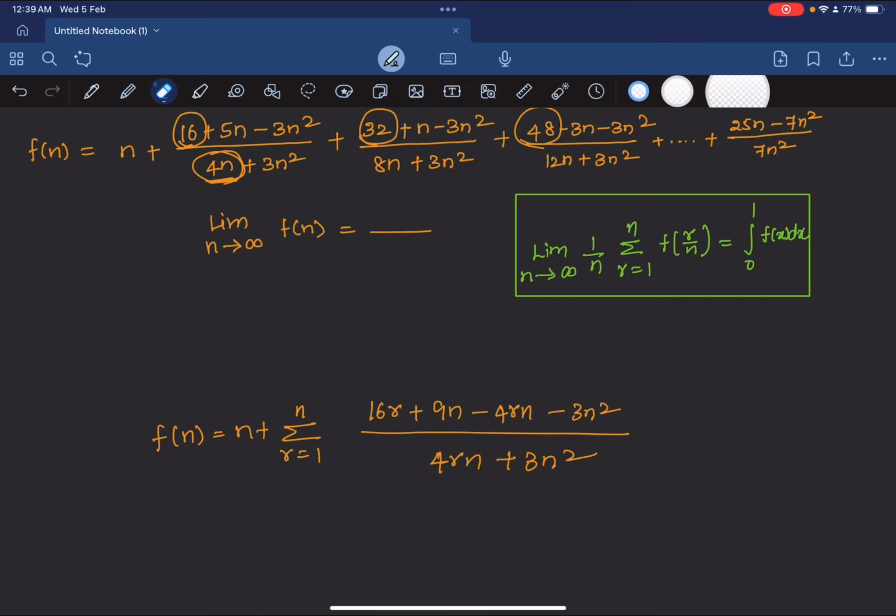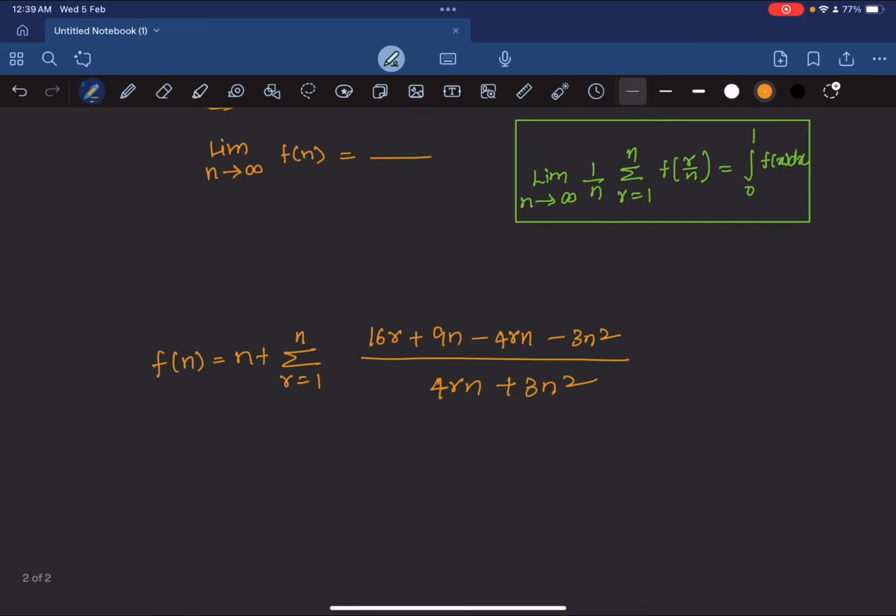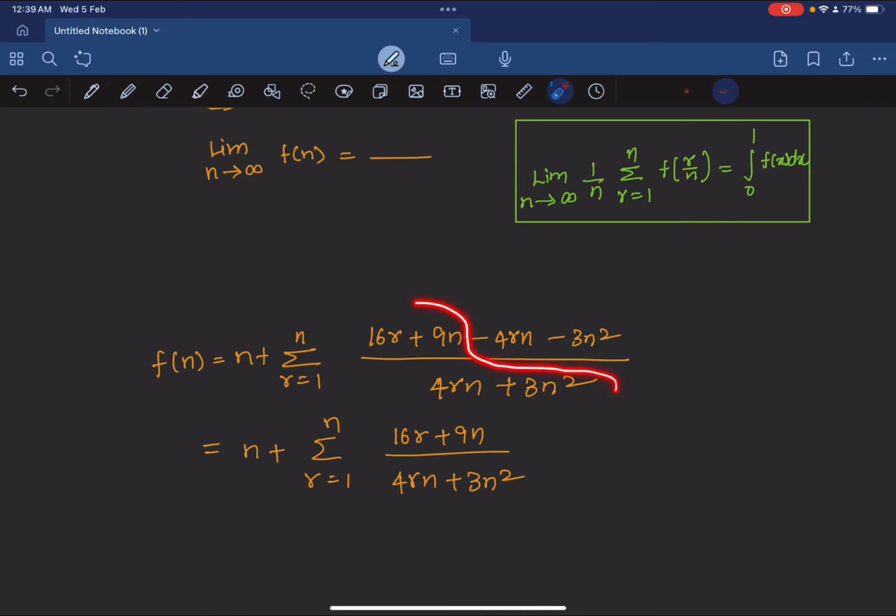Now if you observe, let us simplify this further. So this will be n plus sigma r runs from 1 to n, (16r plus 9n) upon (4rn plus 3n square). Alright, I have separated this term.